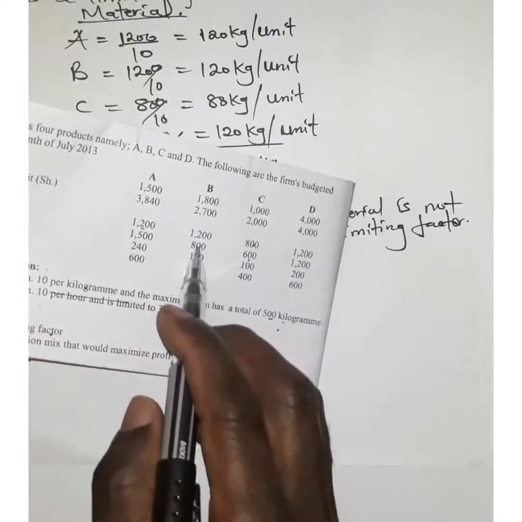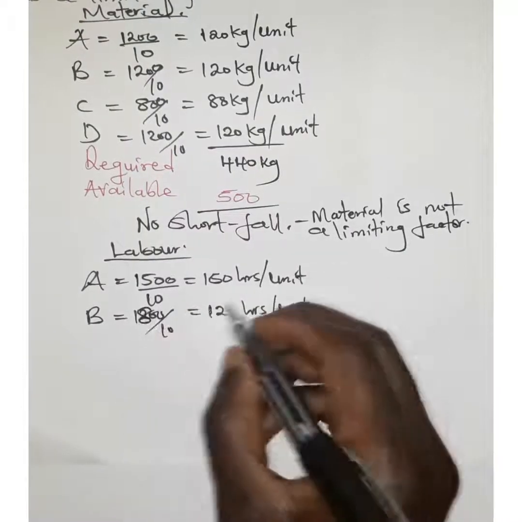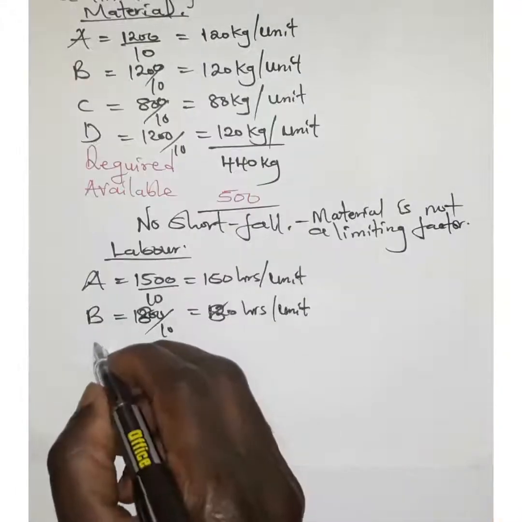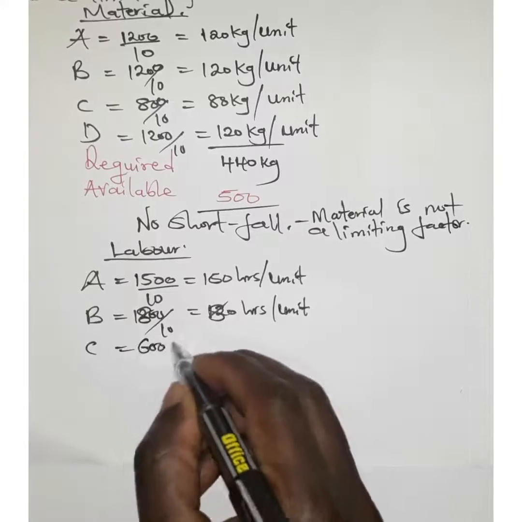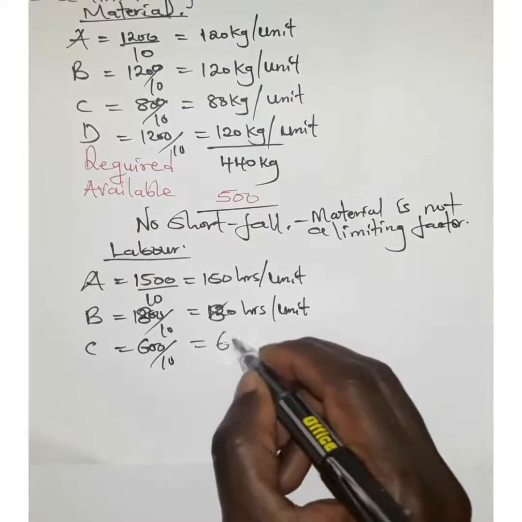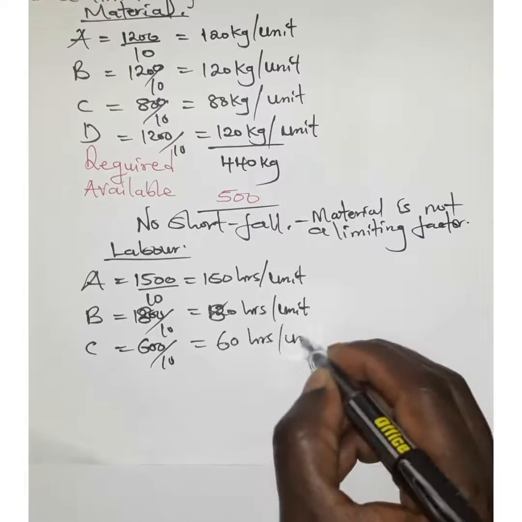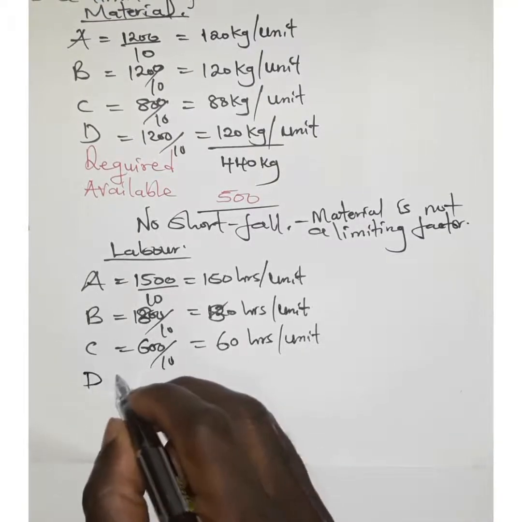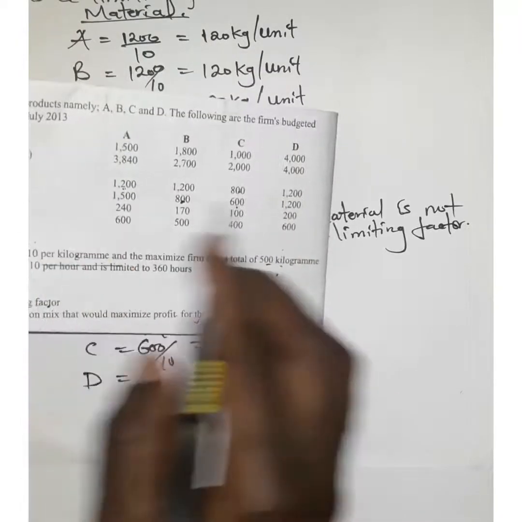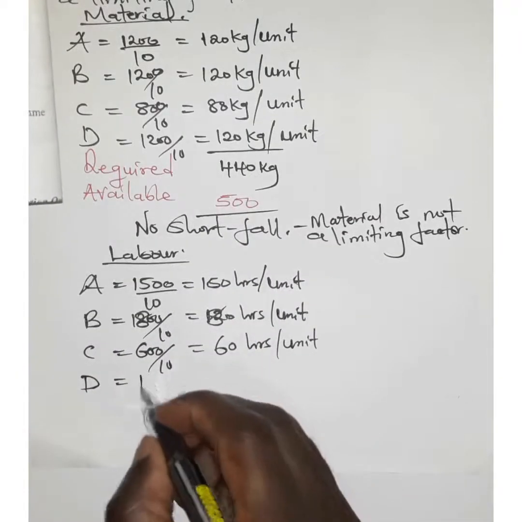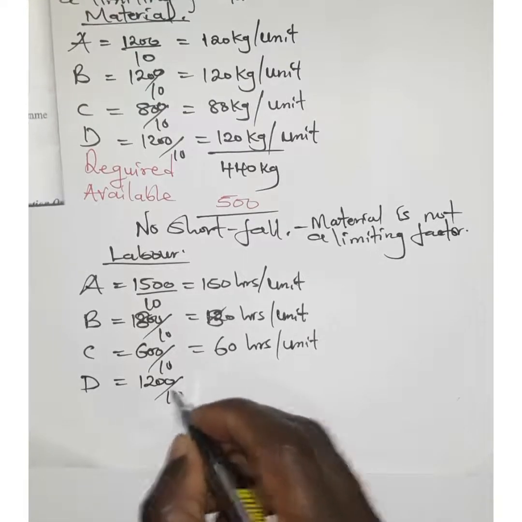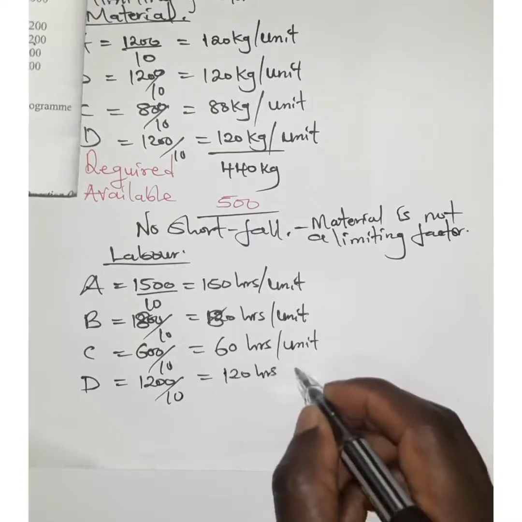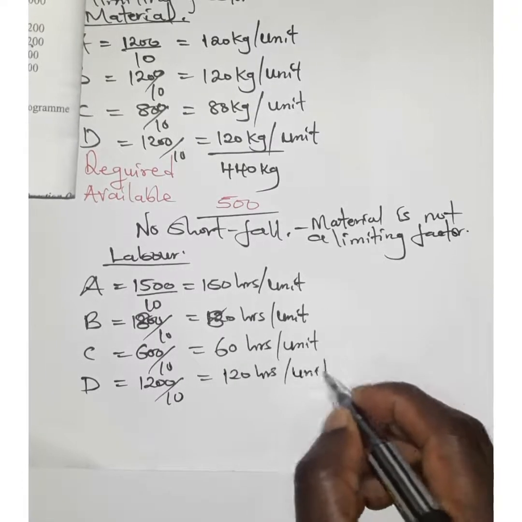C is 800 over 10, so we have 80. Then D is 600 over 10, we have 60 hours per unit.